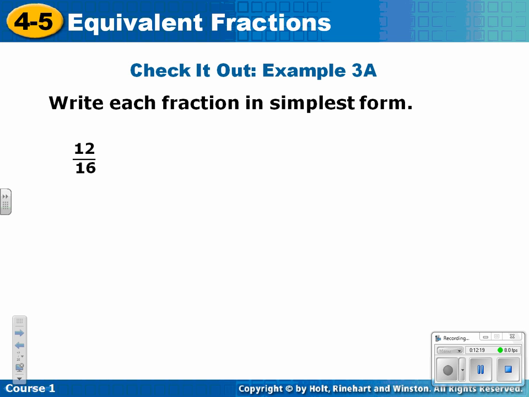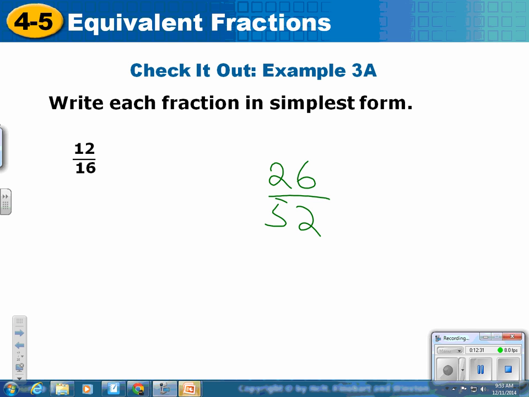On your whiteboards, I want you to show me the simplest form of 12/16. If you don't use greatest common factor to find this answer, I guarantee you that 90% of the people in this room are going to get this particular problem wrong. You're going to look at that and say, oh, they're both even, so I can divide by 2.